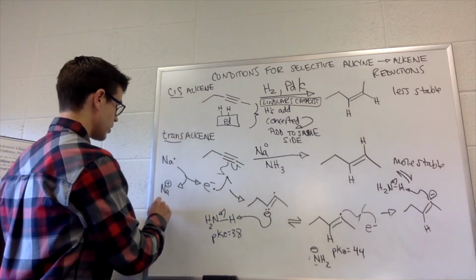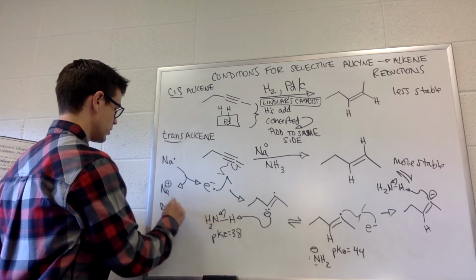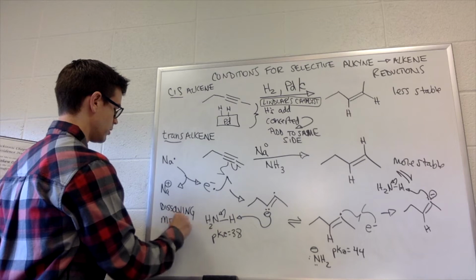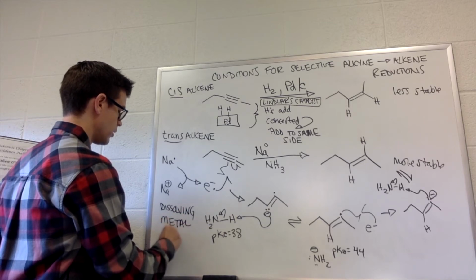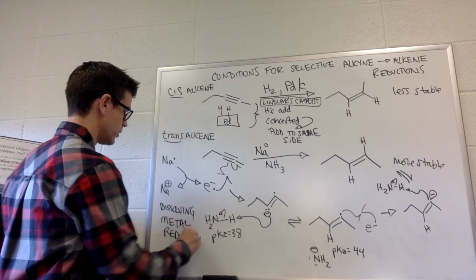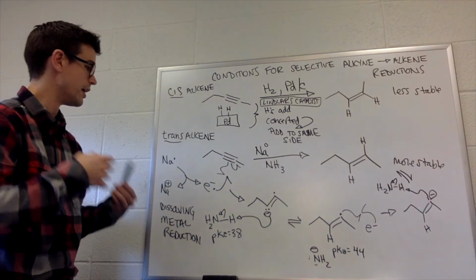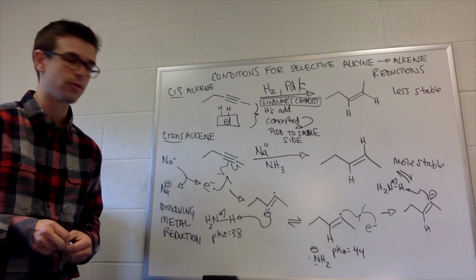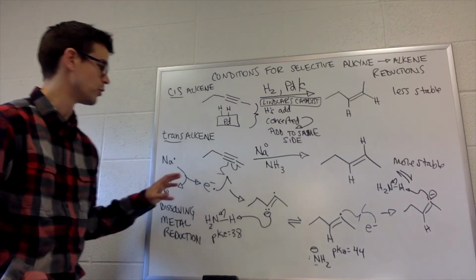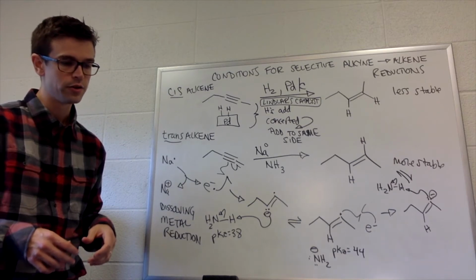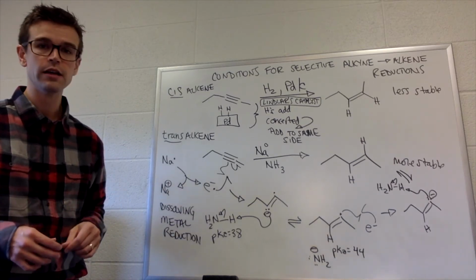So this is actually called a dissolving metal reduction. So sodium metal is dissolved into the ammonia solvent, and electrons are generated from that process, and those electrons are what are used to reduce the alkyne to the alkene.